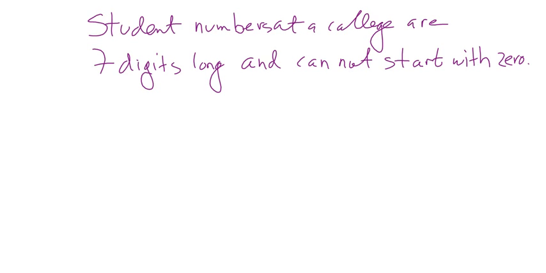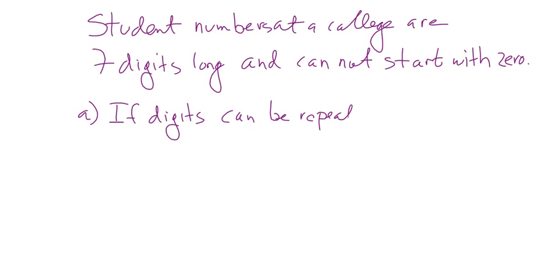So here's the 7-digit college number. We're just going to assume it can't start with a 0. If digits can be repeated, how many different student IDs? How many different student numbers are there?